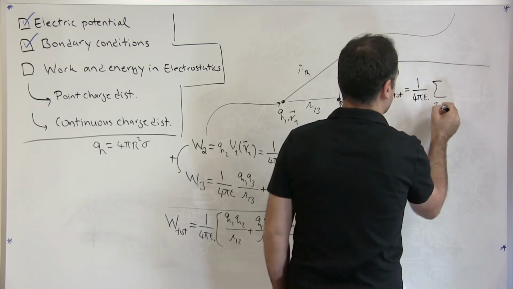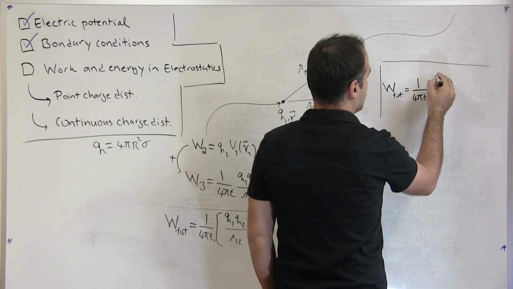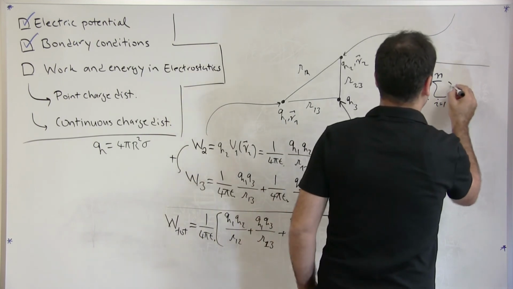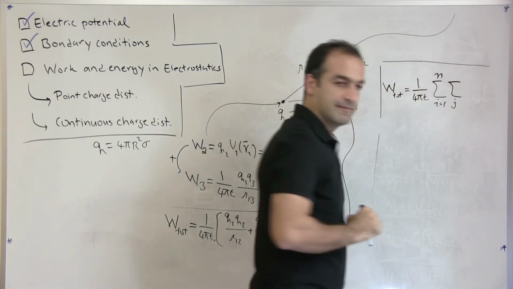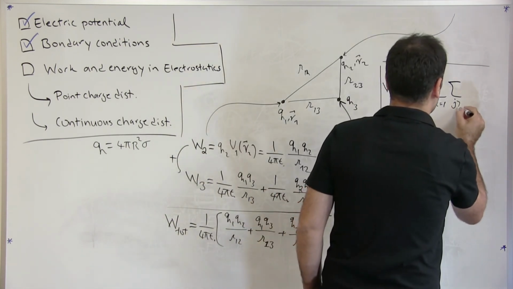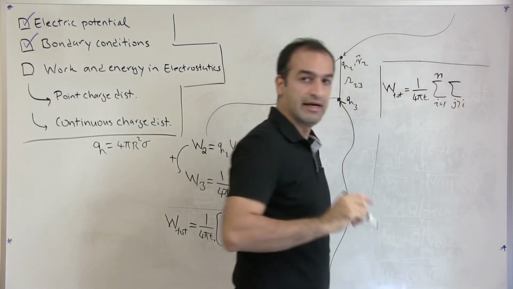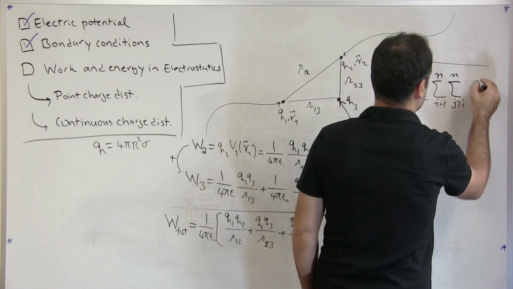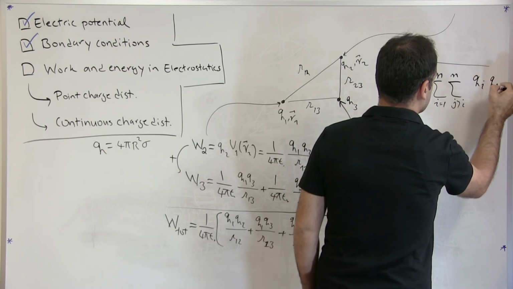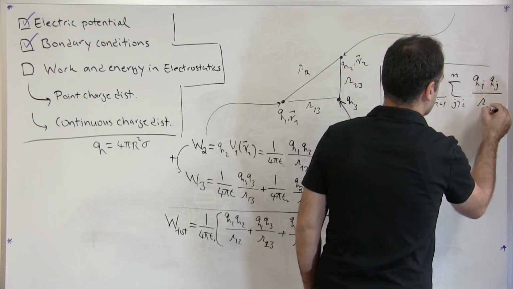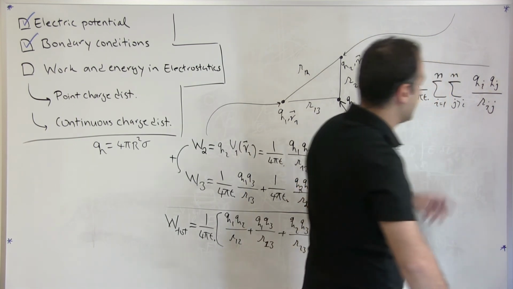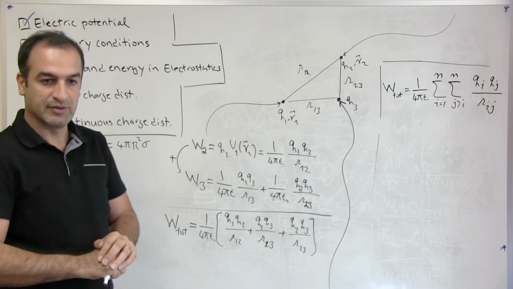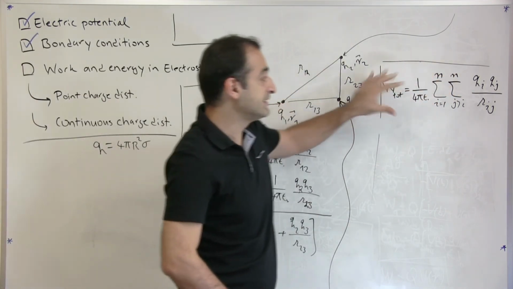We have a sigma starting from 1 all the way to n, assuming that we have n particles. We have another sigma over j, starting from values of j greater than i, all the way to n. I'm going to tell you a little bit about why we chose it like this. And then we have Qi, Qj over Rij. This summation is going to include all these contributions. So if you have this sigma, you're calculating everything.